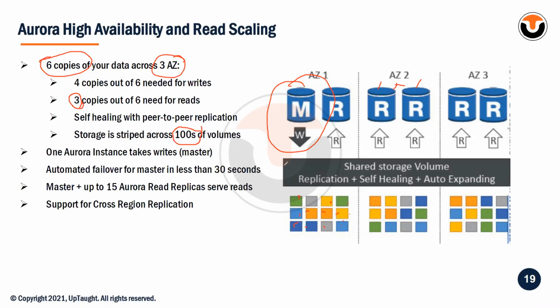If something fails in the master, one of the read replicas will become the master, even in the other region. That's an automatic failover. And you can also do cross region replication, very important. Any questions? Please put them in the chat box.